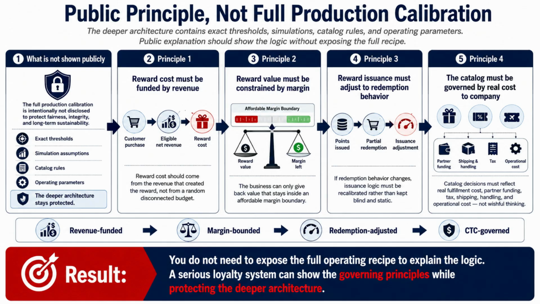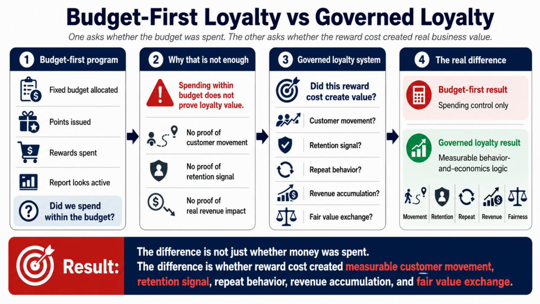Reward cost must be funded by revenue. Reward value must be constrained by margin. Reward issuance must adjust to redemption behavior. And the catalog must be governed by real cost to company, not by wishful thinking. This is very different from a loyalty program that only spends a fixed budget and hopes the report looks good.